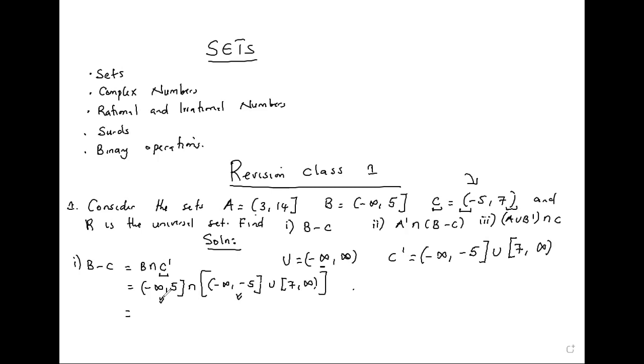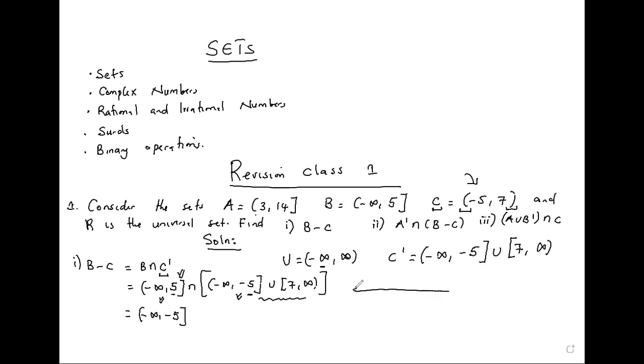So at least we know they are sharing the same starting point on the left. They are all starting from negative infinity. This one is ending at 5. This one is ending at -5. So we understand that -5 is sitting in this interval on the left. So this should go all the way up to -5, included. But it won't go all the way up to 5 because this interval here does not have 5. It ends at -5 and then it goes all the way and starts from 7.